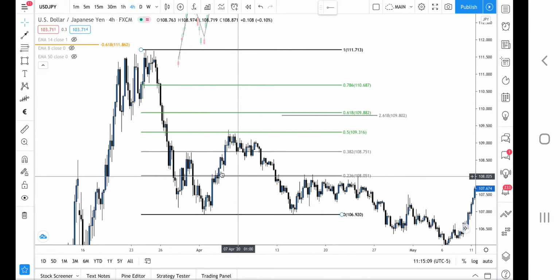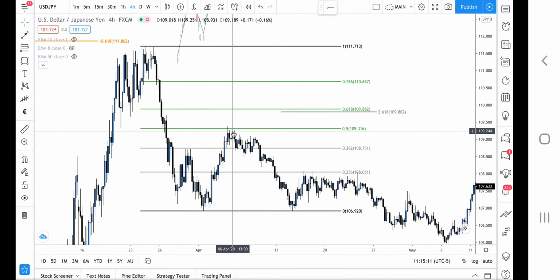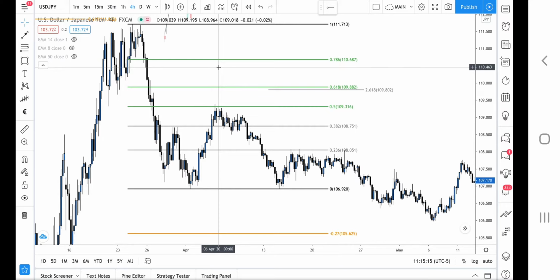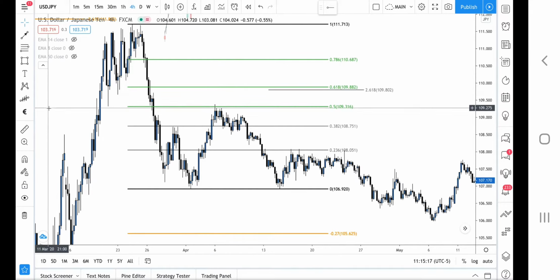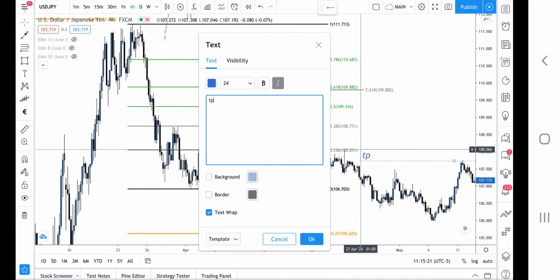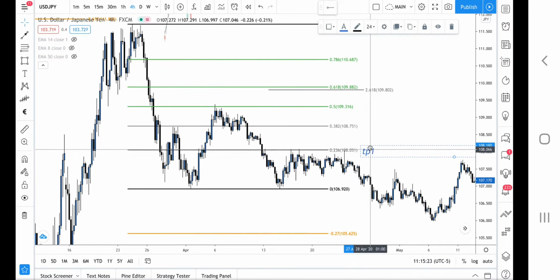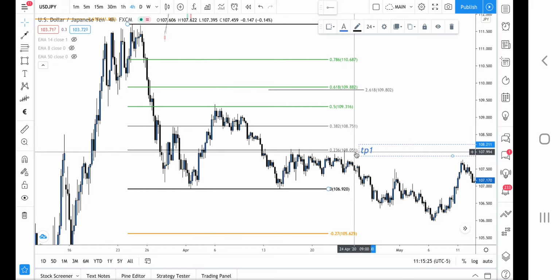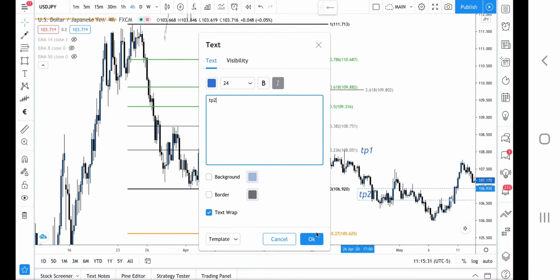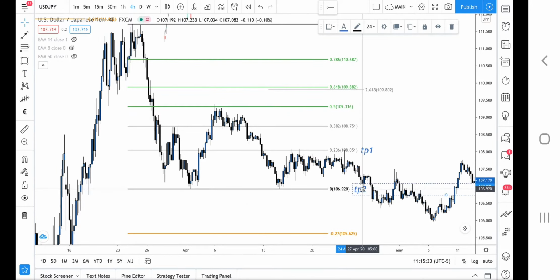Now, if we're taking our entries off the 50 or the 618 or the 786, where could our general target points be? The main target points that I follow when I'm using Fibonacci as a guide: I have take profit 1 sitting at the 23.6, take profit 2 sitting at the 0.